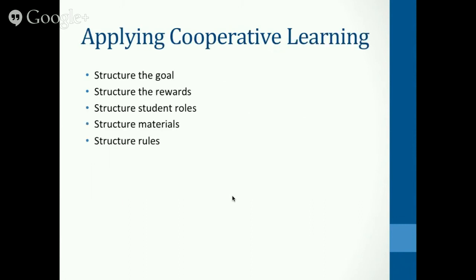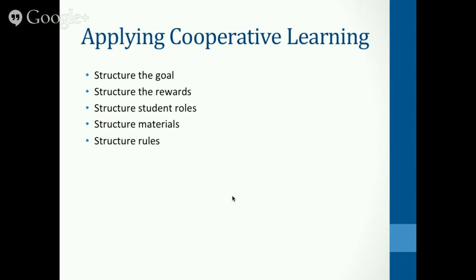So there are several things you can do to apply cooperative learning. You have to structure the goals, making sure the goals are understood by the people. Structure the rewards, and make sure they are well understood. Structure student roles. If you have groups of 3 to 6, you have to make sure the students all know what their role is. An example of this is something I did with my ESL students in the past, called a reading circle, where each person has a specific role each week.